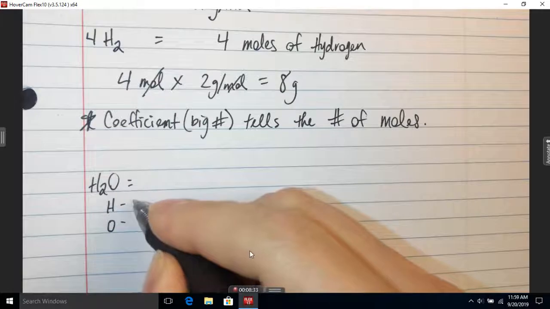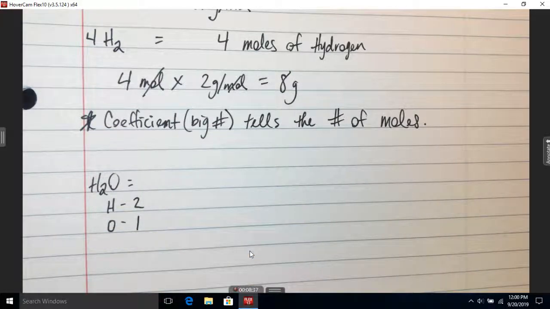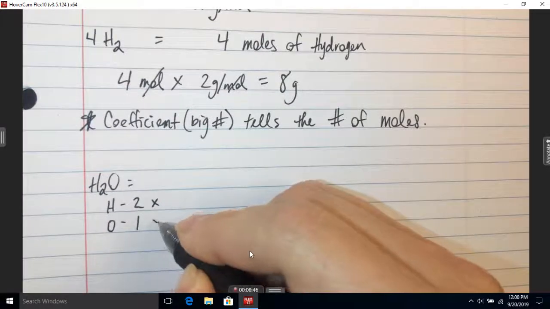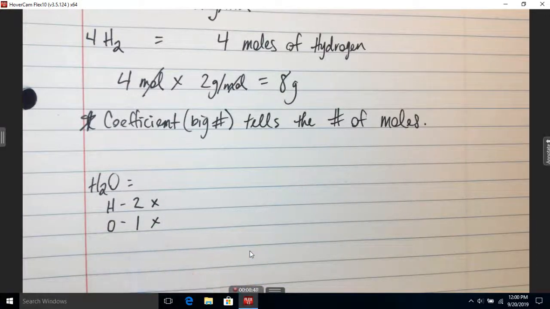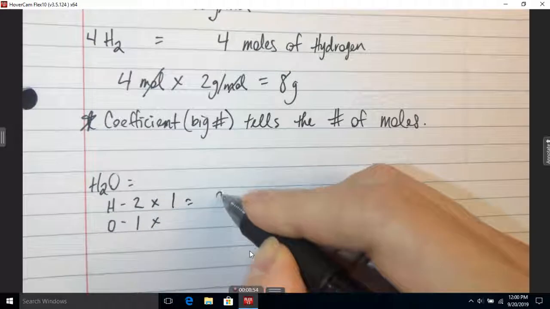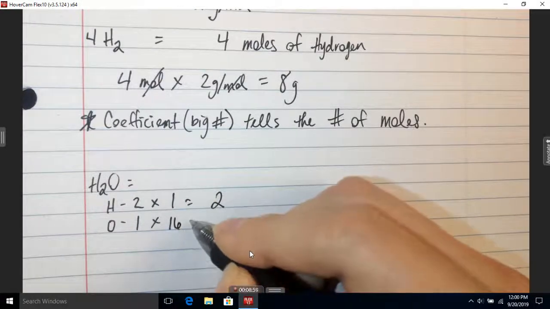How many hydrogen? How many oxygen? Okay. Next step. Multiply it by hydrogen's mass. Multiply that by oxygen's mass. So 2 times 1 and 1 times 16.